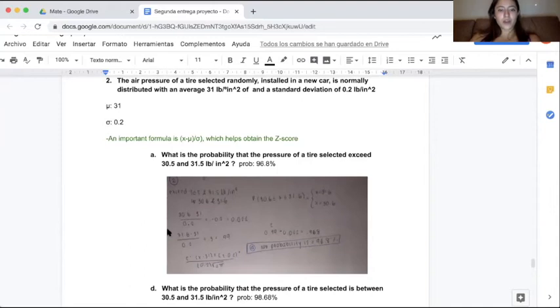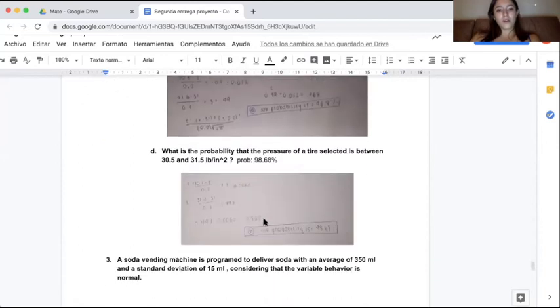This actually was correct. Then we should have looked for this value on the z table, and that should have been it. I don't really know why we used the square root of 2 pi right here, but that's wrong. You just do this and get the number, and then you look for it in the z tables, and that's all you have to do.